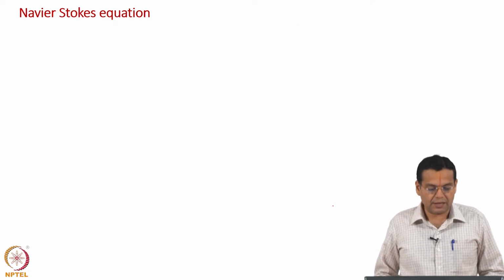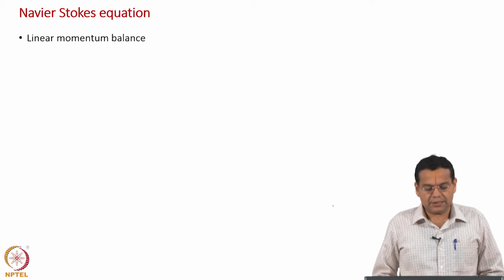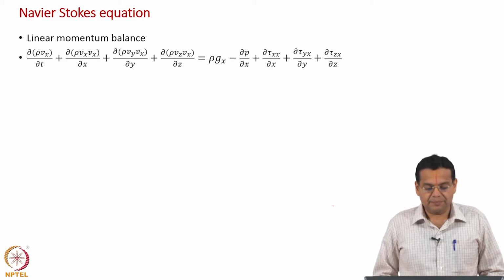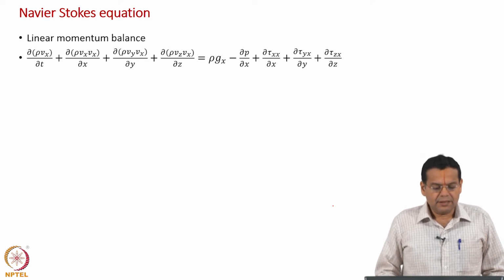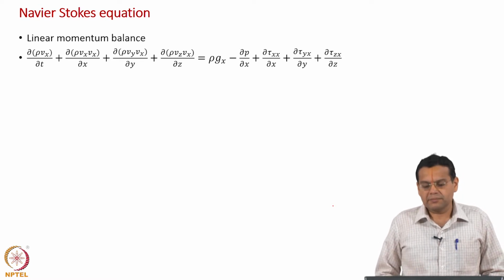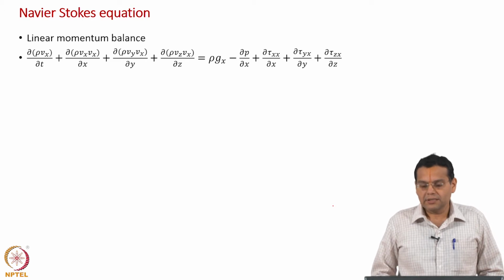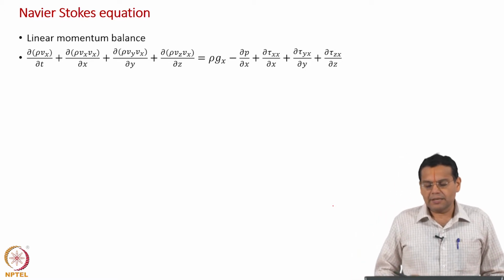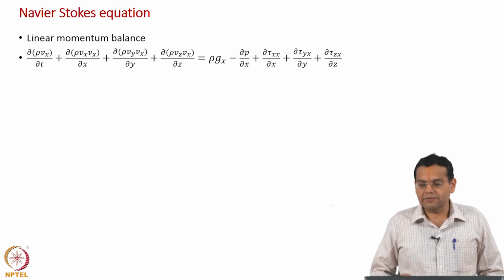So, our starting point is the linear momentum balance equation. Of course, there are 3 equations, one for each direction. Let us write down the equation for the x direction. Just to recall, on the left hand side you have the transient term and the convection term; on the right hand side you have all the forces: the body force because of gravity, and then the surface forces, namely pressure and the viscous stresses.